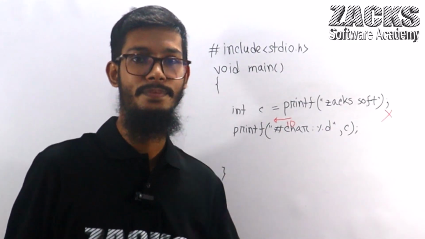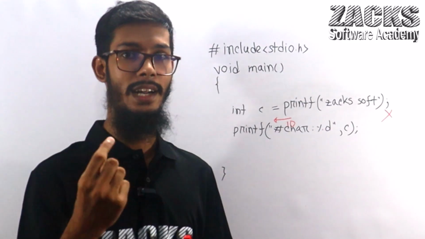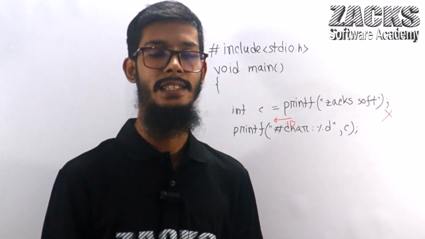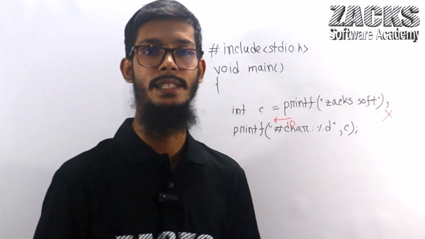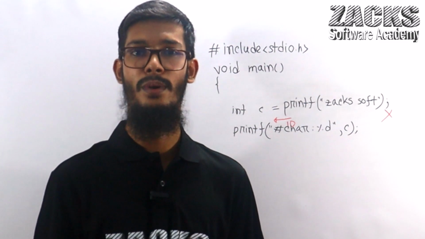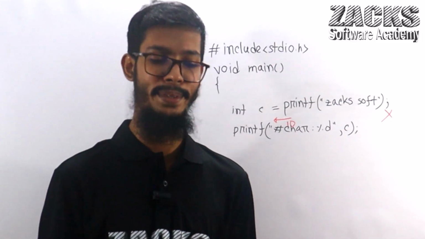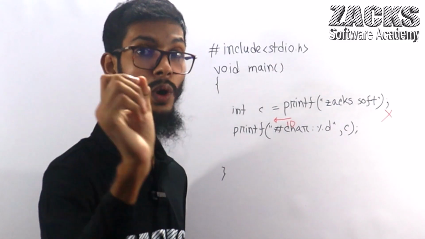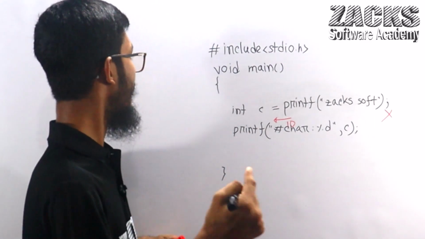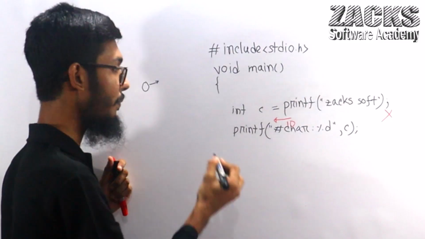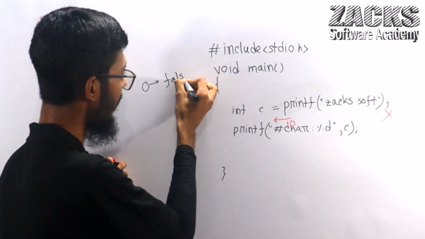Okay, now let me share one more interesting thing. Already you know, in the C programming language, or C++, or Objective C, or Python, or JavaScript, or PHP, there is one concept you know very well.